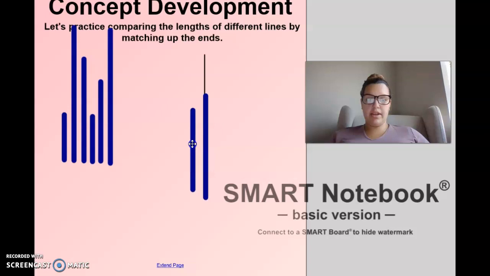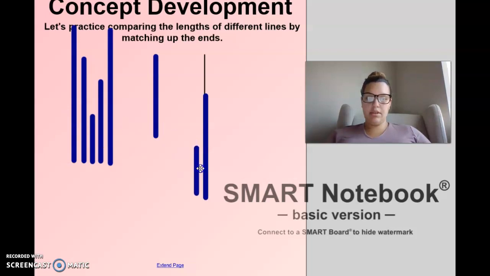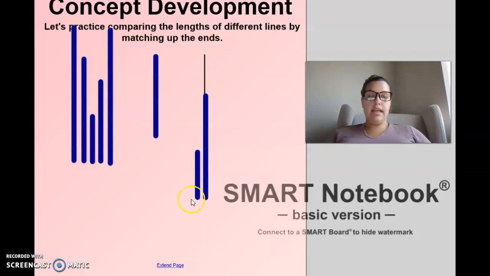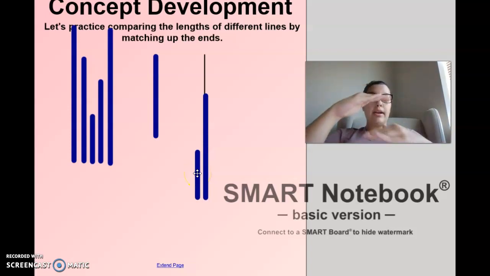I'm going to put it right over here. We'll put the taller ones over here. Is the string I just moved over shorter or taller than the string we're comparing it to? It is shorter.